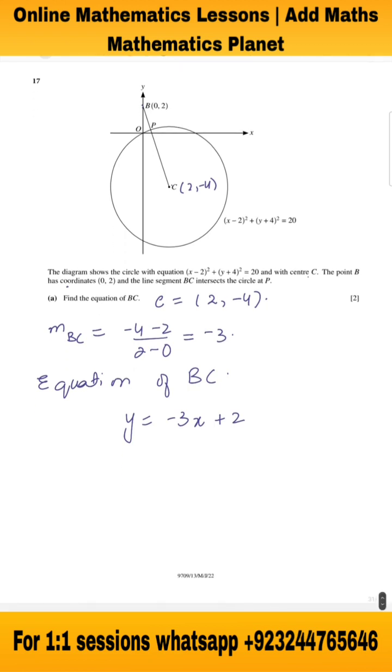Okay, so y is equal to mx plus c. What is c? C is the y coordinate, it is 2.